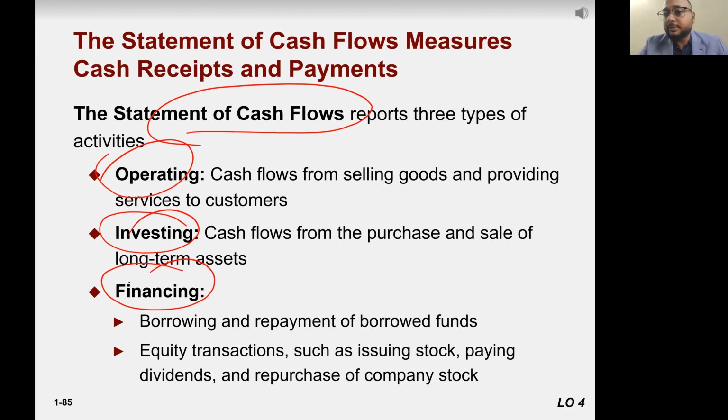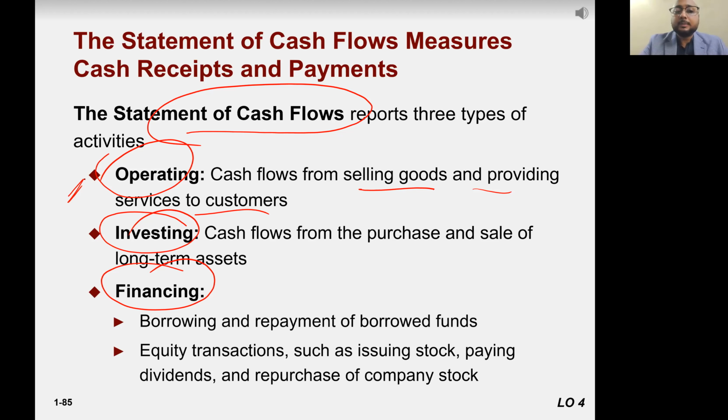Operating means anything related to selling goods and providing services to customers. That's it. Salaries paid, rent paid, sales occurred, anything where you receive hard cash, not a barter transaction. Non-cash items are not going to be written here.